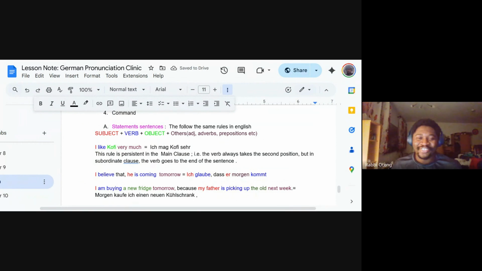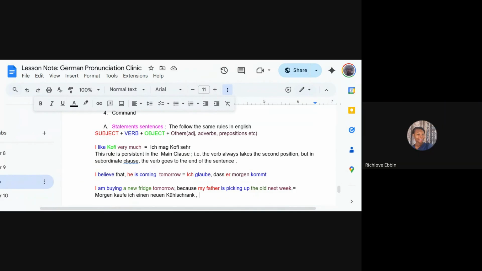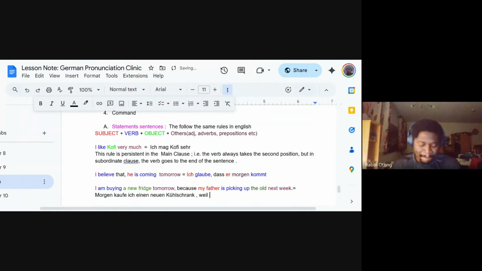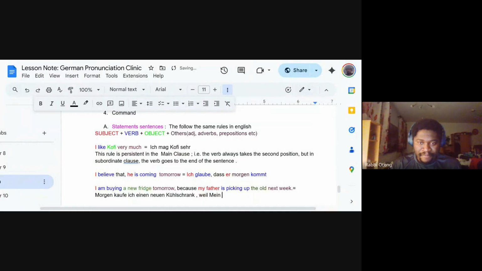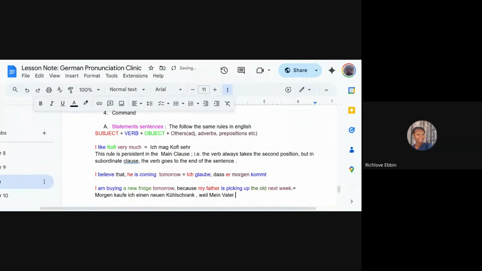So, Morgen kaufe ich einen neuen Kühlschrank, weil mein Vater nächste Woche den Alten abholt. Is it abholen or abholt?